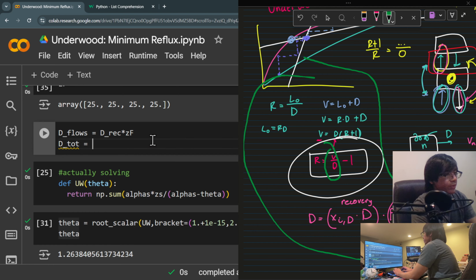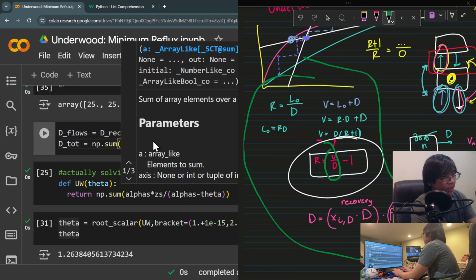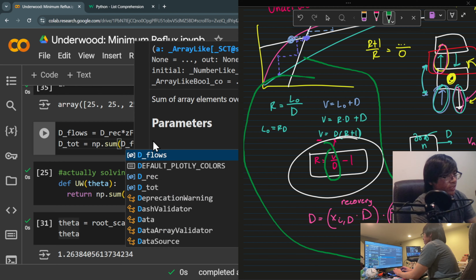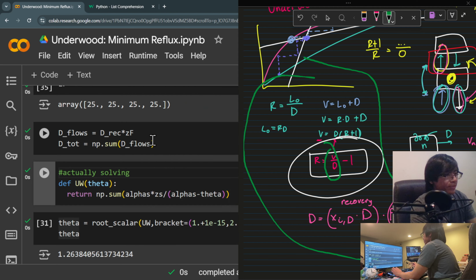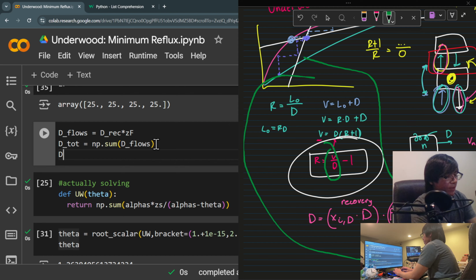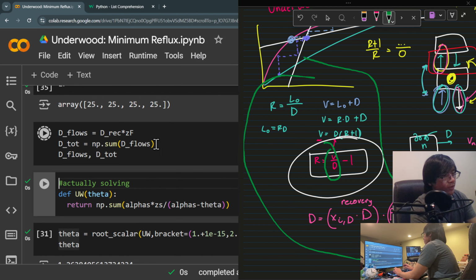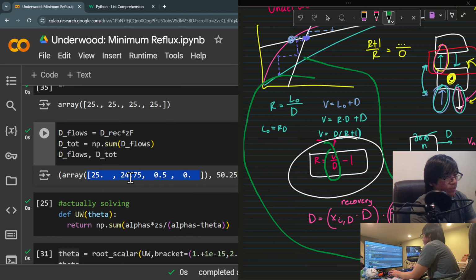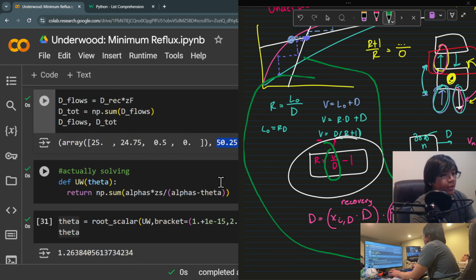D total is equal to NP sum. I know I could just put NP sum in the equation, but just to be extremely explicit, so it's pretty obvious what's happening. So it's just summing all of these up. It'll be 50.